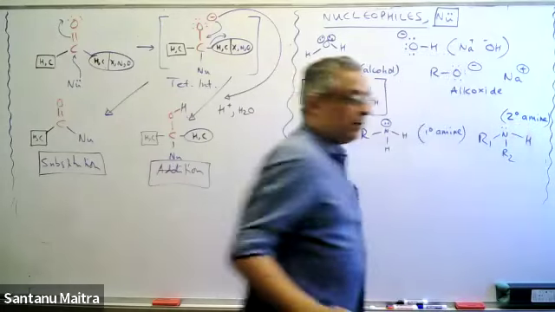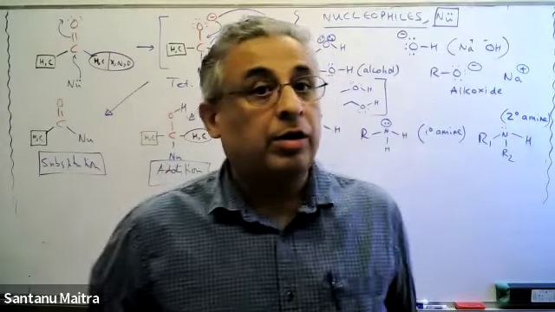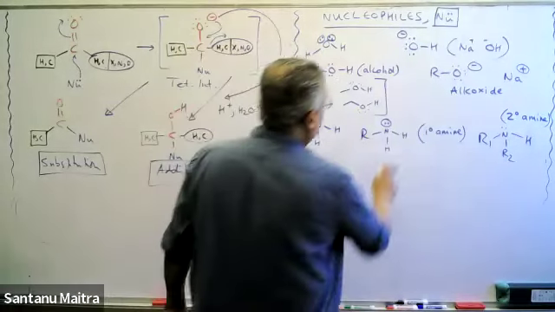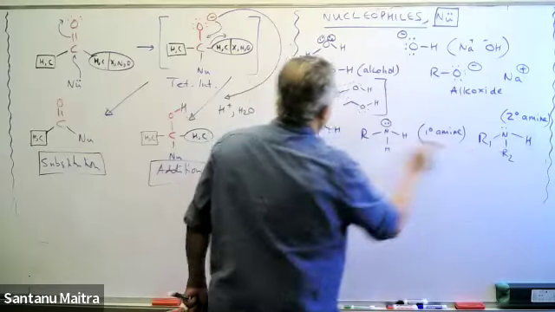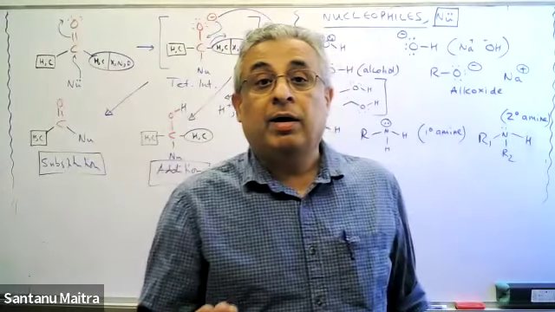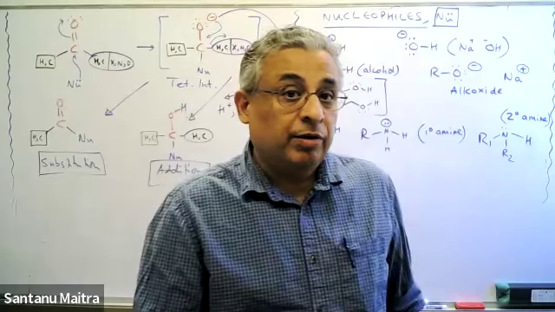Okay. Tertiary amines are not nucleophiles. Why? Because they do not have a hydrogen. These hydrogens play a very significant role for it to work like a nucleophile, because they are coming in as a neutral nucleophile.